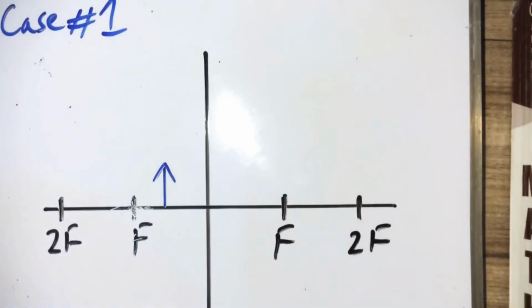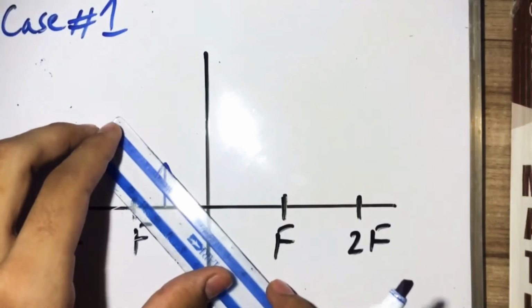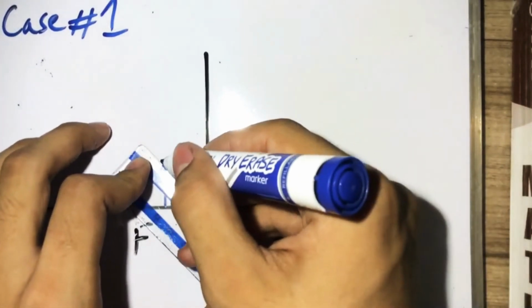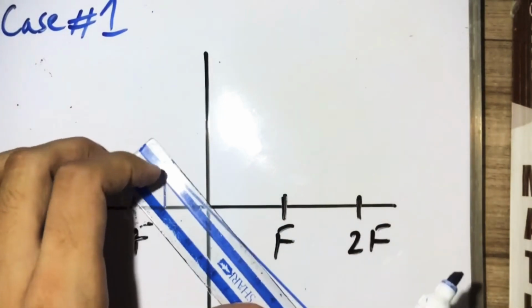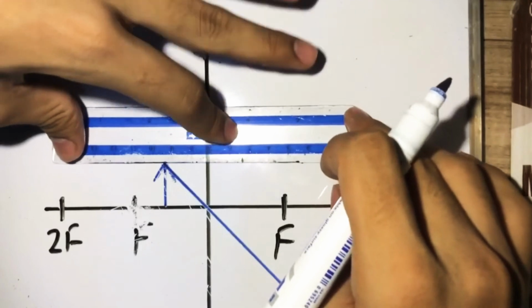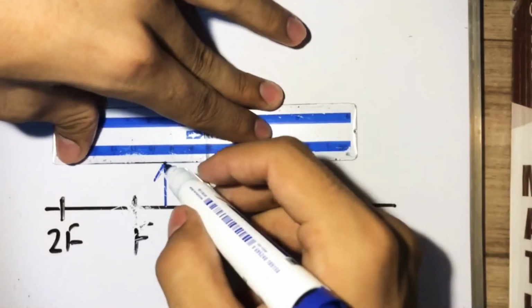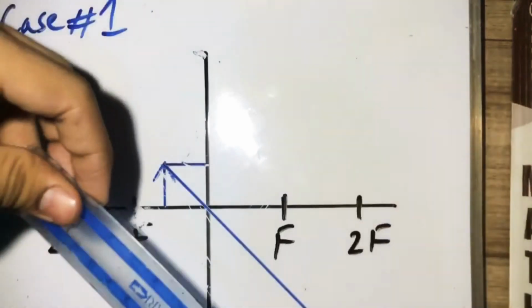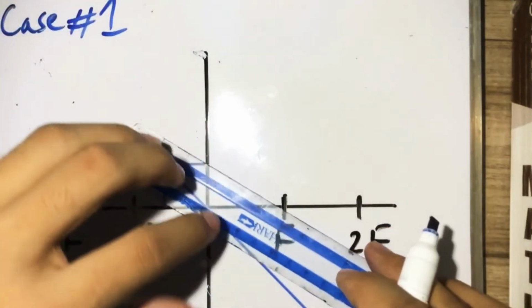Now the first ray that we'll draw will pass through the optical center of the lens. And the second ray will first travel parallel to the focal length till the principal axis, and from the principal axis it will converge towards the focal point.